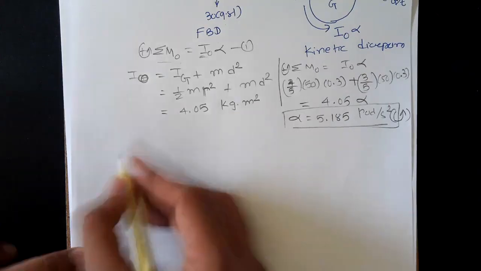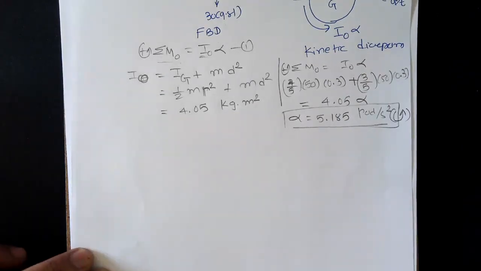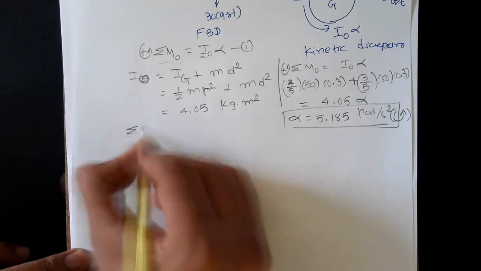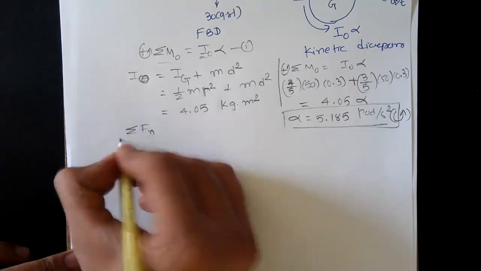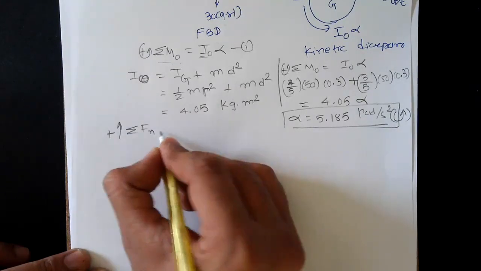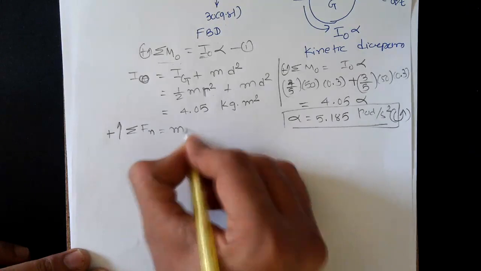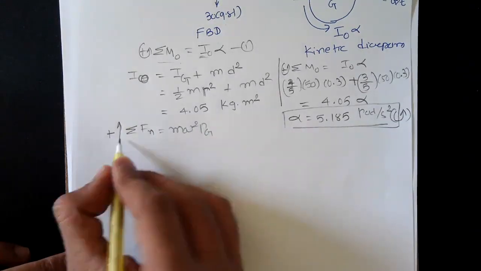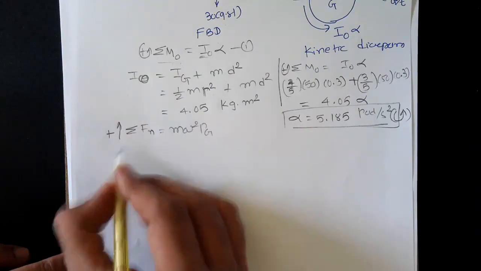Okay, so now the next one is, let's apply the equation sum of forces in the normal direction, going up is positive, for normal is equal to m omega squared r_g. So how many forces do we need to consider for the normal direction?